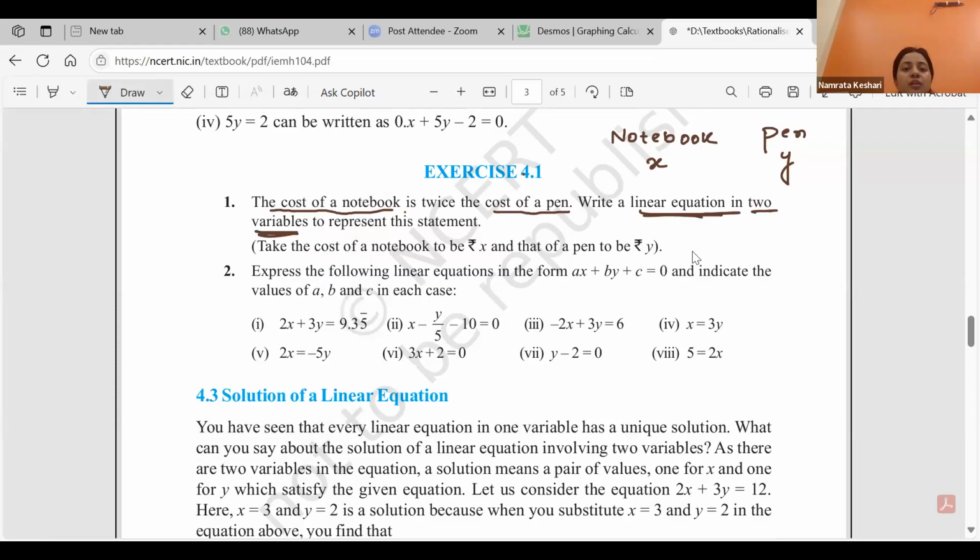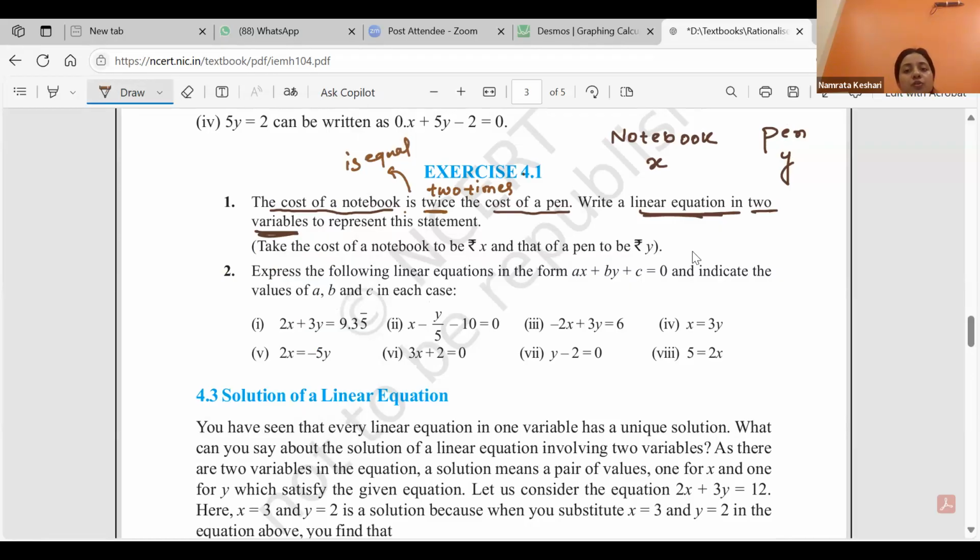Cost of a notebook is twice, twice means two times. Is means is equal to. In mathematics, whenever is is there, you just write is equal to.